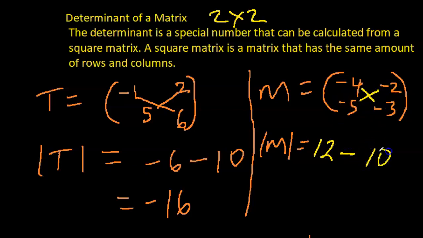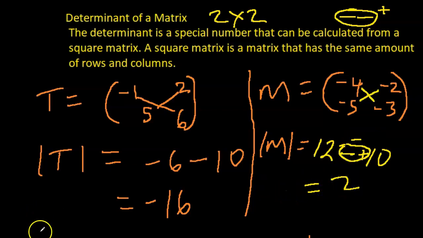That's a positive 10. So it's like a take away positive 10. And you're always subtracting. But these signs together give you what? Positive or negative? Negative. Remember, it's a negative times a negative, that gives us positive. But once they are different, then the result is a negative. So the result there is 2. So the determinant of M is 2.